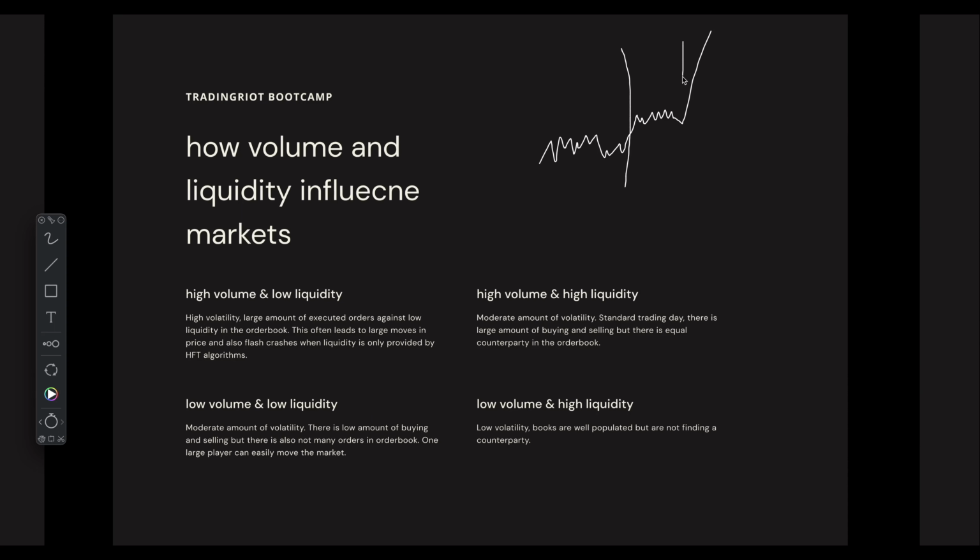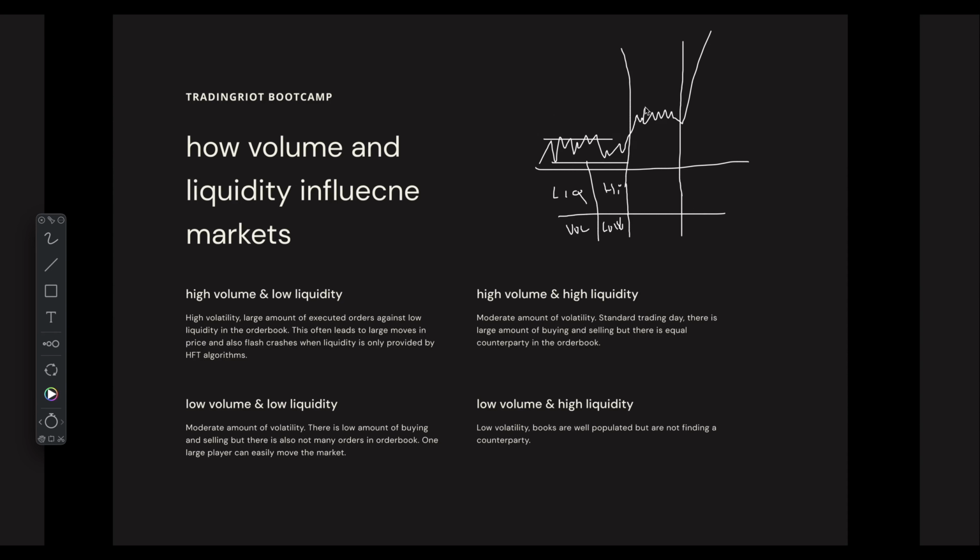You can separate these into three scenarios, based on liquidity and volume. In the case where markets are moving in a very tight range, there is high liquidity because the books are very populated, and very low volume because no one is executing these orders in the book. So this results in very tight ranges in the markets.